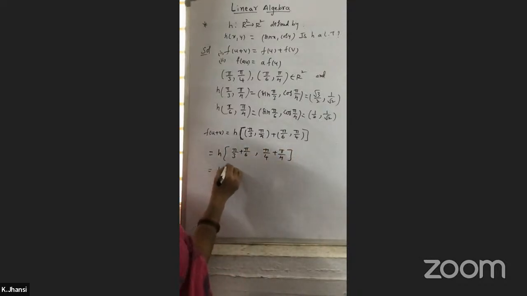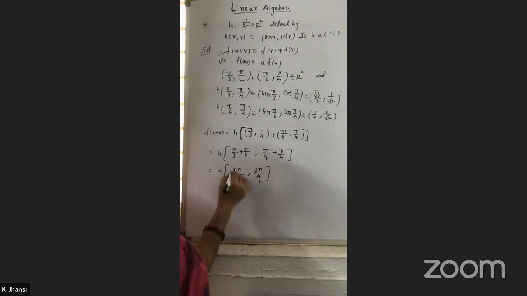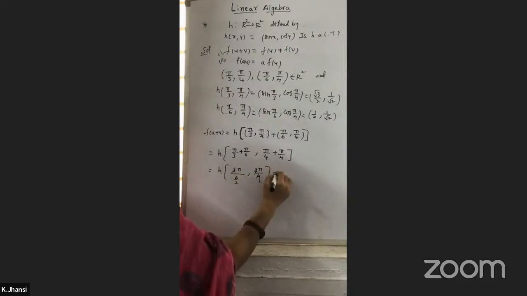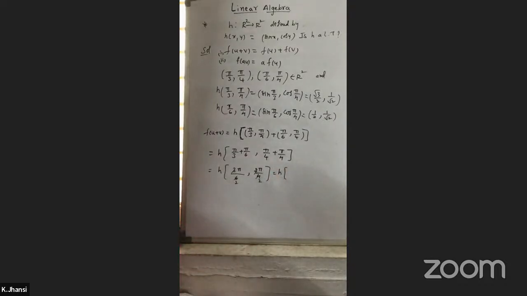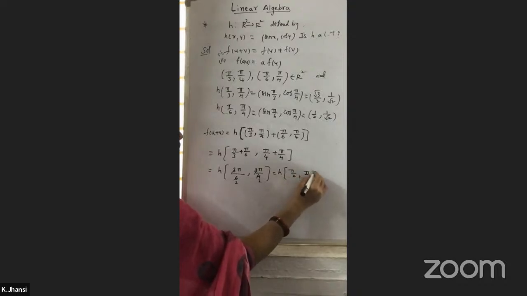So it is equal to h of, taking 6 as the denominator, 2 pi plus pi means 3 pi by 6. It is 2 pi by 4. So 2 times, this is also 2 times. So it is equal to h of pi by 2 comma pi by 2.